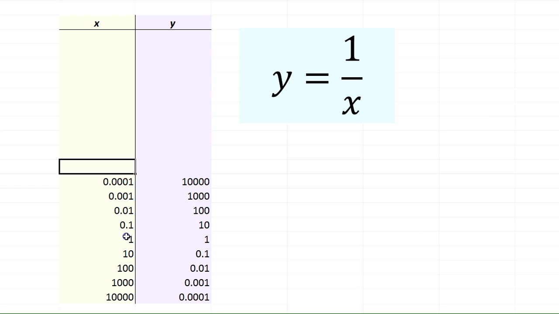And as you allow the x values to get smaller and smaller, in other words, as you let the x values approach 0, the y values get larger and larger. The y values head towards infinity as the x values head towards 0. And then vice versa over here. As the x values head towards infinity, the y values head towards 0.